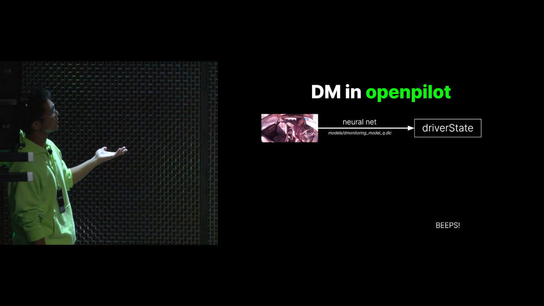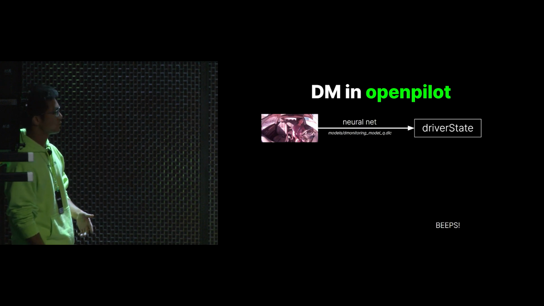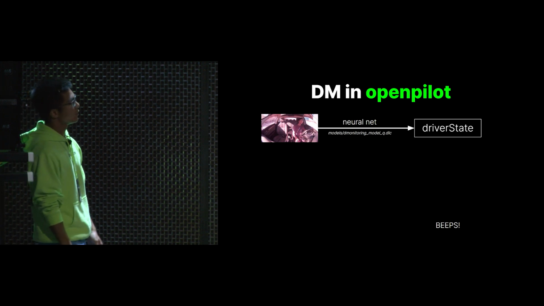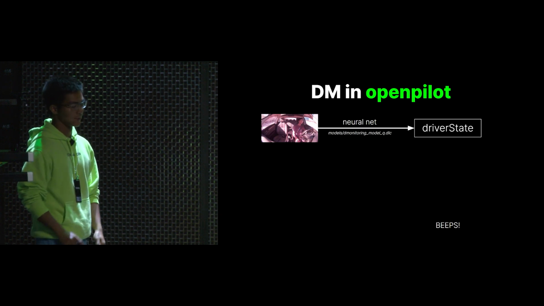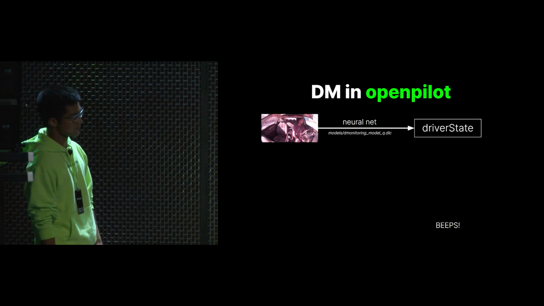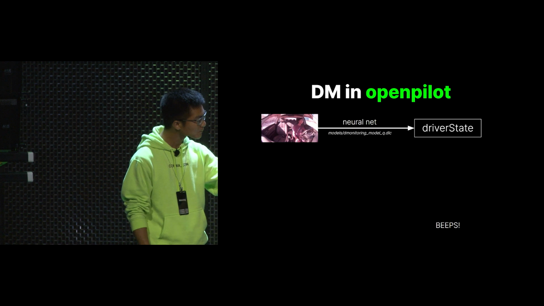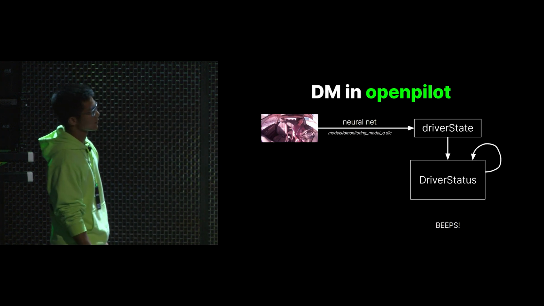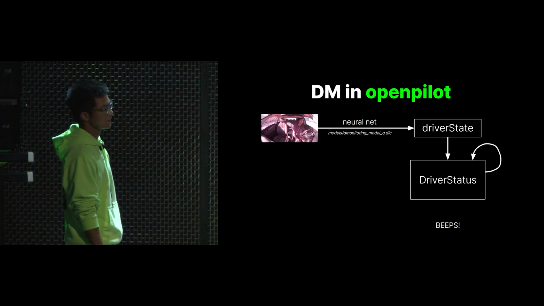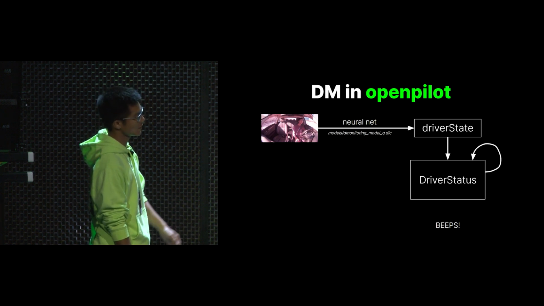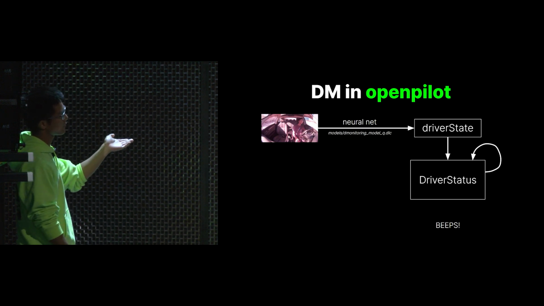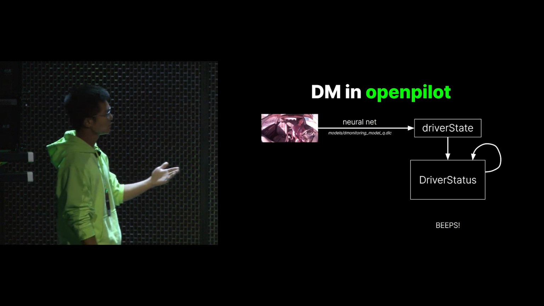We call these parameters driver state, which includes things like whether there's a face, where the face is, whether the eyes are closed, where the face is looking, stuff like that. Then we have a classical state machine that takes in the driver state, all these parameters of the driver, and processes them in a loop as new pictures come in.